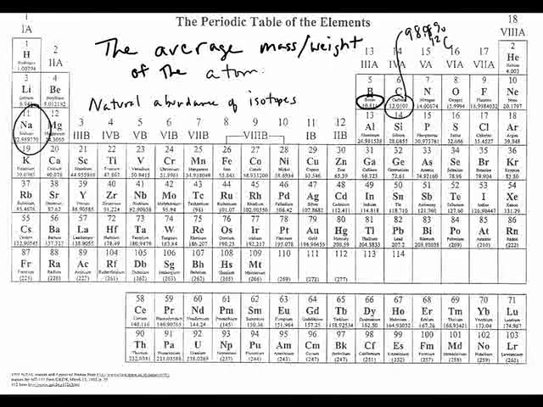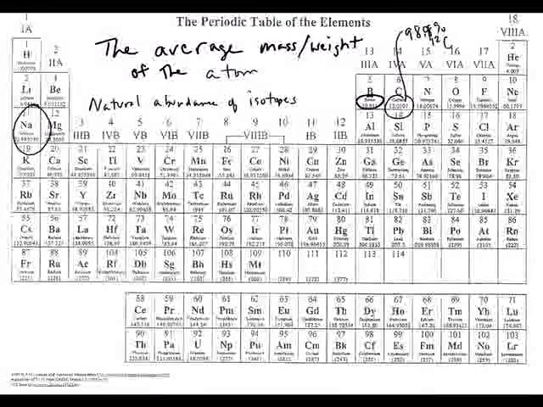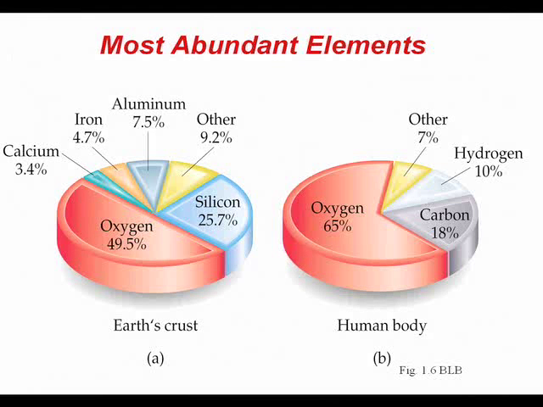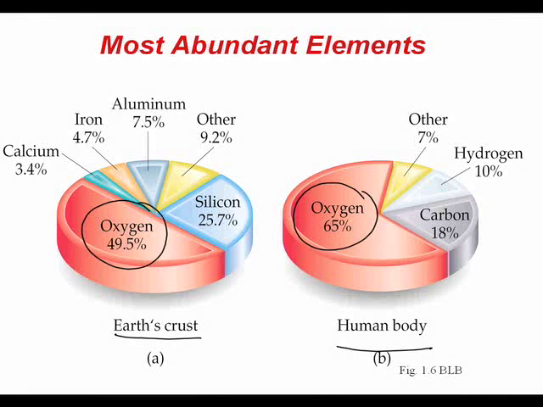Now, are all the elements found in equal abundance on Earth? Not by a long shot. The most abundant element in the Earth's crust and in the human body is, ta-da, oxygen. She is everywhere. There are very few metals you will find that are not found as oxides. That means chemically bound with oxygen. And your body is mostly oxygen. Water, by mass, is mostly oxygen also.